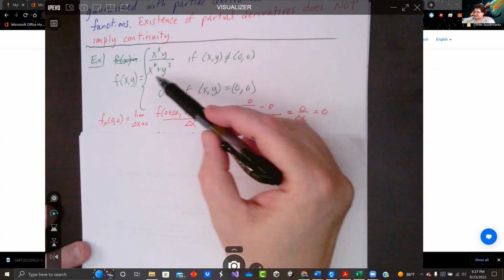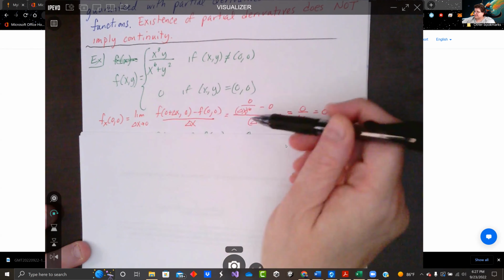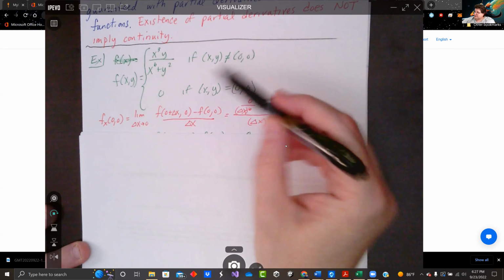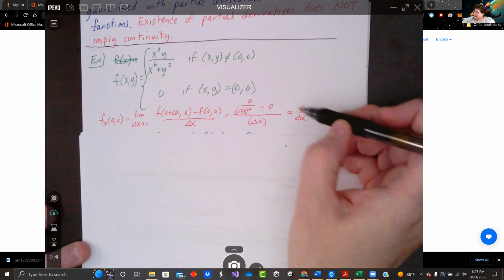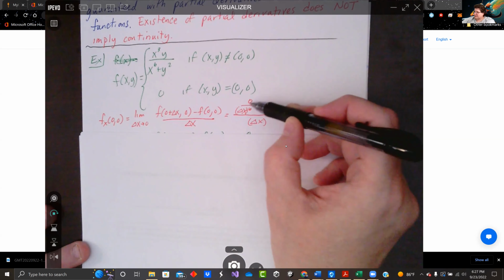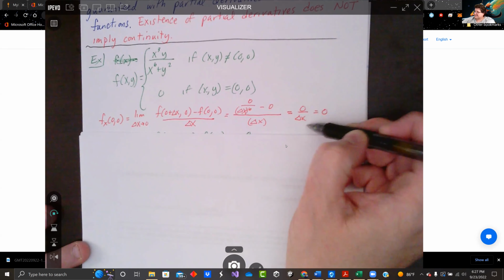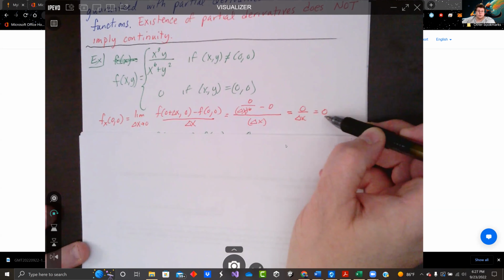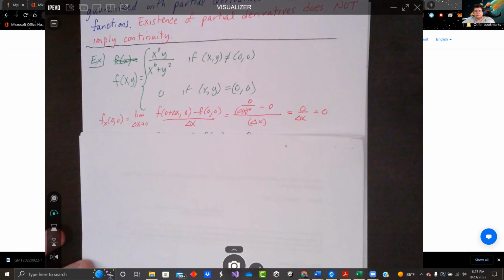The bottom is delta x to the 6th power plus 0, so delta x to the 6th. We've got this all over delta x. We end up with 0 minus 0 on top, 0 over delta x. This is just 0. So the partial derivative with respect to x is 0.